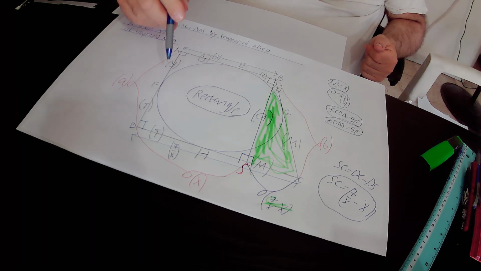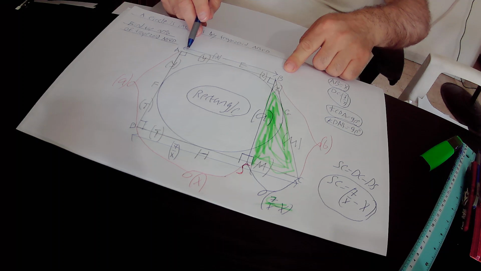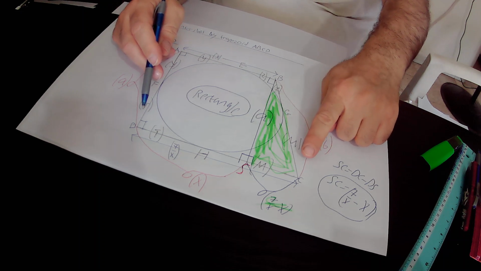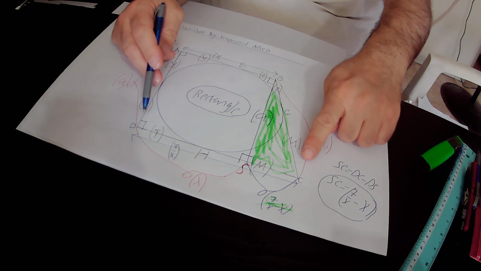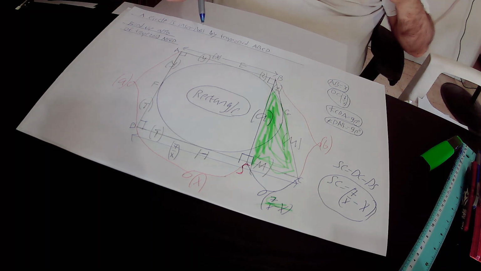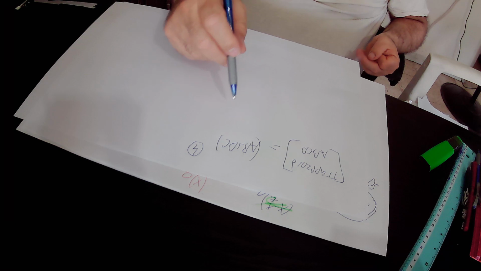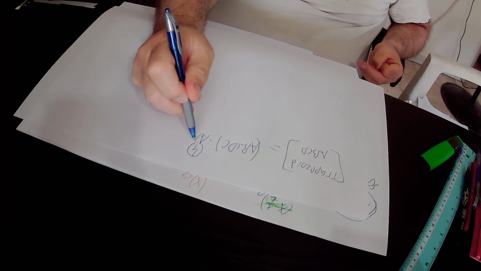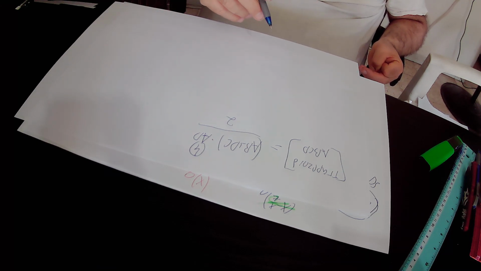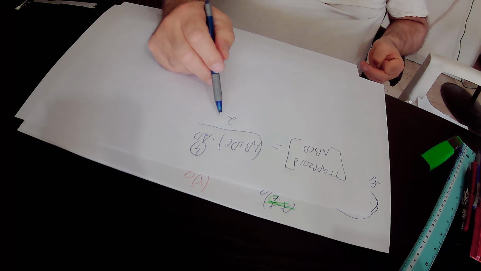Side AD creates 90 degrees with the base AB, and side AD also creates 90 degrees with the other base DC, because this angle equals 90 degrees, and therefore side AD is the height of trapezoid ABCD. So this times AD over 2. Repeat again, the area of trapezoid ABCD equals the sum of its two bases, AB plus DC, times the height AD over 2.